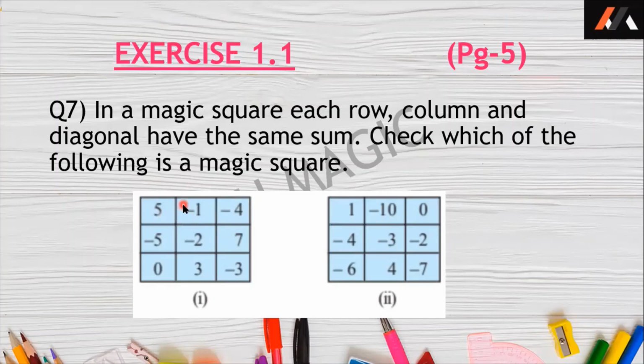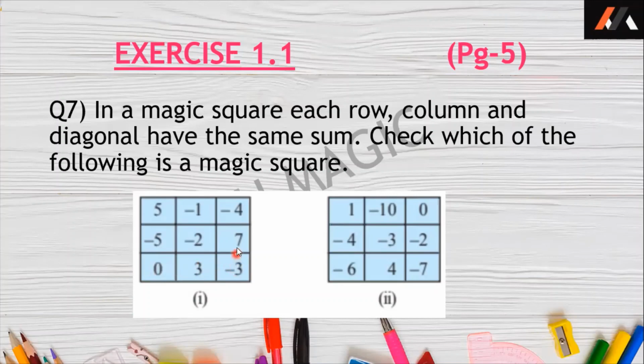That is 0. Now when we take the first column, it will be 0 plus minus 5 plus 5. That is also equal to 0. Now when we take the last row, 0 plus 3 plus minus 3, this is also equal to 0.